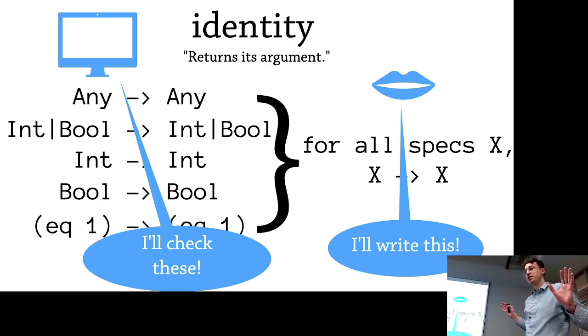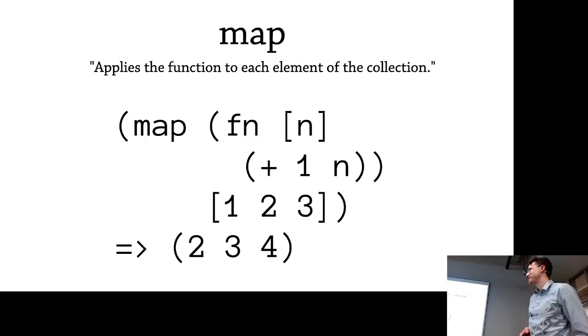I'm just going to hammer this home with a couple more examples of increasing complexity until your brains break, or you can't wait to break the library. One of those two. So this is going to be just let it wash over you. There's going to be arrows everywhere. All right, the next candidate is map. Map applies the function to each element of the collection.